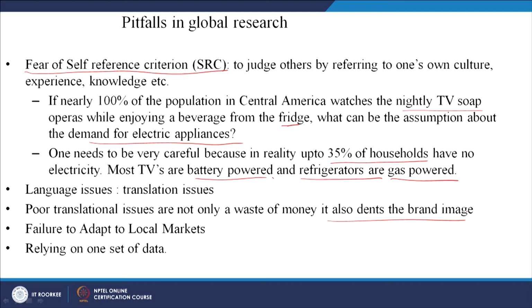But primary data gives you a much richer input than secondary data can, because secondary data has been collected by somebody else whose objective might have been very different, it might have some errors, and the time frame when it was done was also different. All these things may create difficulty in global research.